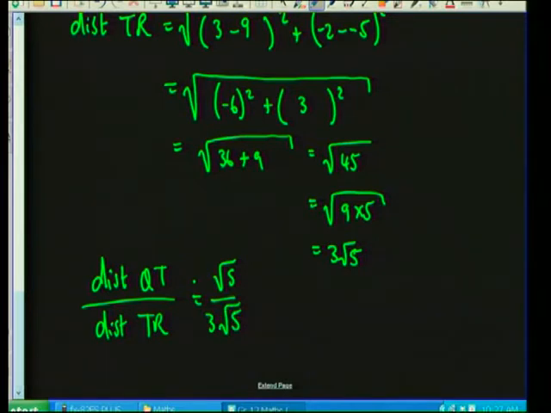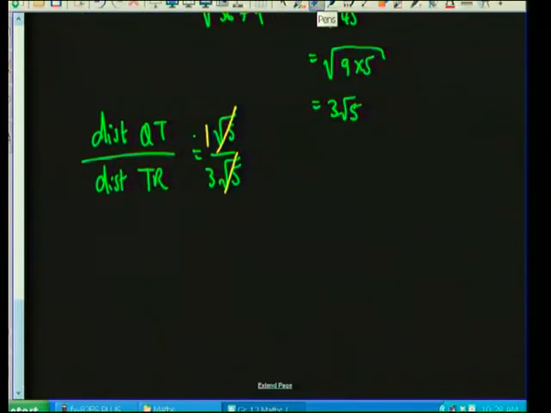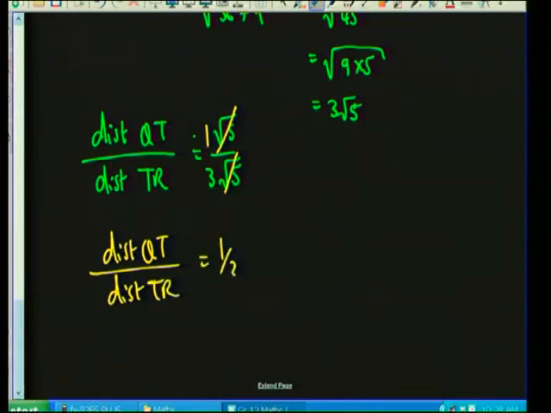Well, hang on, I can go and cancel, because the root 5 would cancel with the root 5. And so therefore, I know that the distance QT over the distance TR is equal to 1/3, and therefore QT is equal to 1/3 of TR, and we've done it.